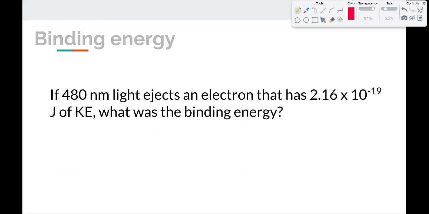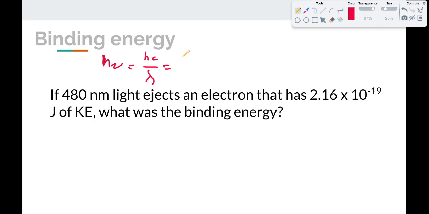So let's work out a binding energy problem. If 480 nanometer light ejects an electron that has 2.16 times 10 to the minus 19th joules of kinetic energy, what was the binding energy? So let's work this out by thinking first about the fact that h nu is equal to hc over lambda, because nu is c over lambda.